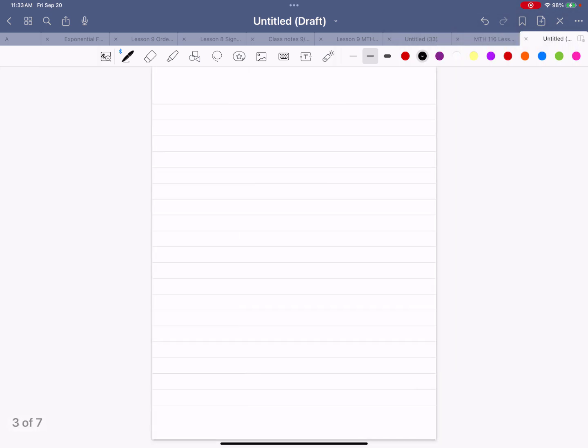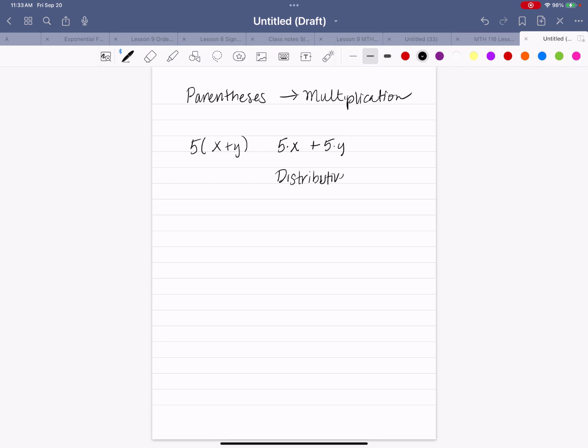Now let's talk a little bit about parentheses. Remember that parentheses are often used to indicate multiplication. So if I have 5 times x plus y, that means 5 times x plus 5 times y. This is called the distributive property, the distribution of multiplication over addition.